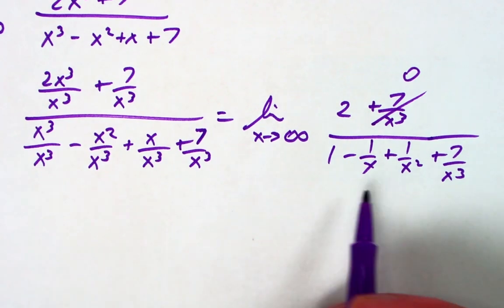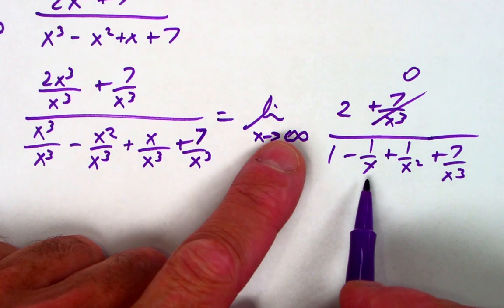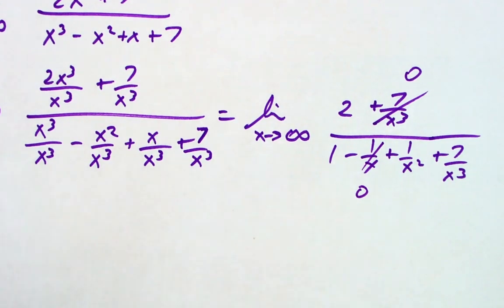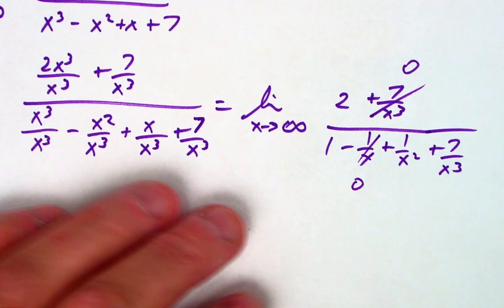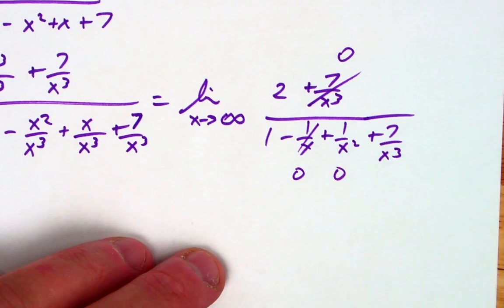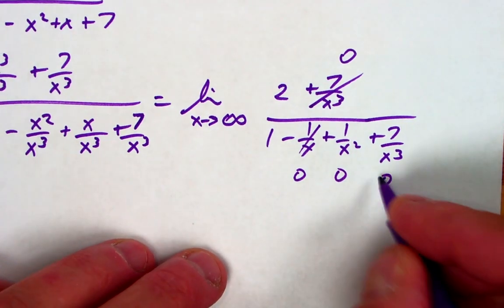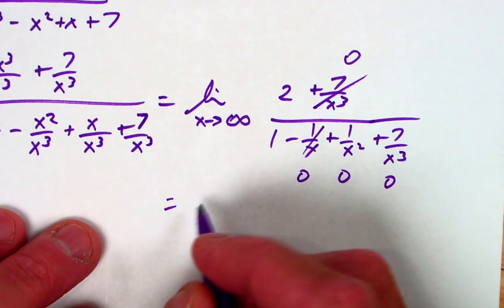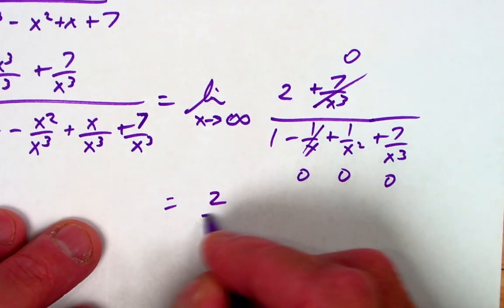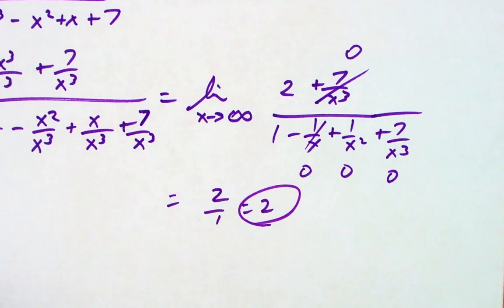When x is getting huge, 0. We have to consider what our target is when x is getting arbitrarily large. 1 over x squared? 0. 7 over x to the third? 0. So the limit is simply what's left over, 2 over 1, which is 2.